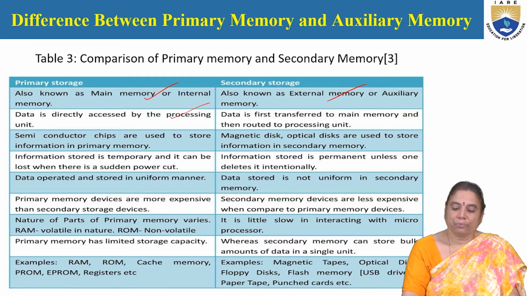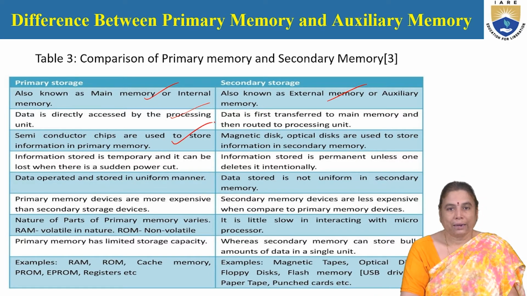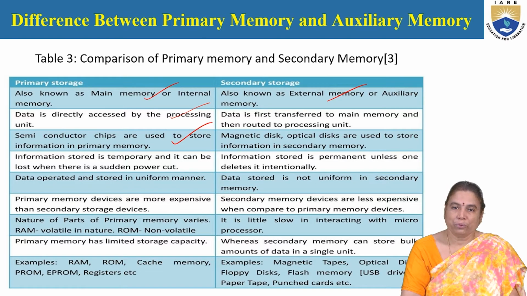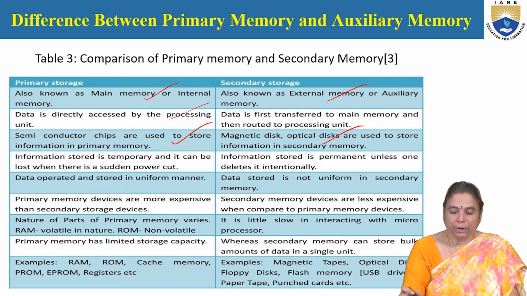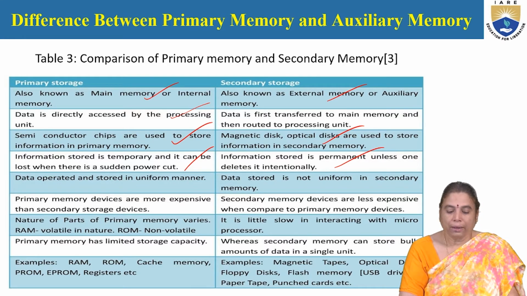Next, semiconductor chips are used to store the information in primary memory, but magnetic disk and optical disk can be used for the secondary storage devices. Information is stored temporarily, so volatility can be there in case of primary storage, and in secondary storage it is permanent. Data is accessed in a uniform manner in case of primary memory, but random access is possible in case of secondary storage.